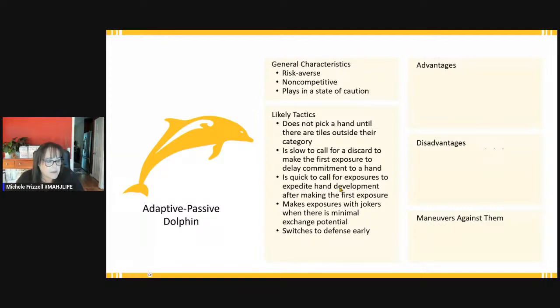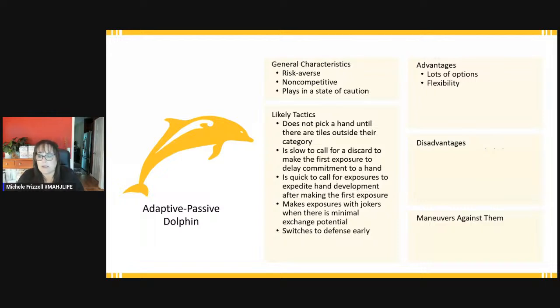Okay, let's see. Advantage, they have lots of options because they are more adaptive, and they do have some flexibility because they don't pick a hand right away.